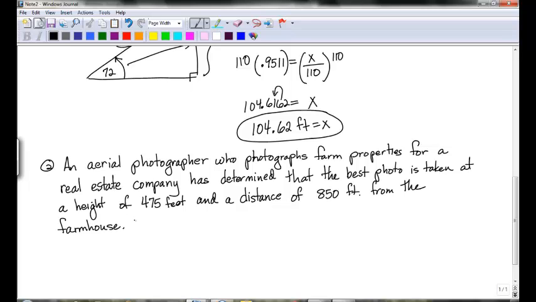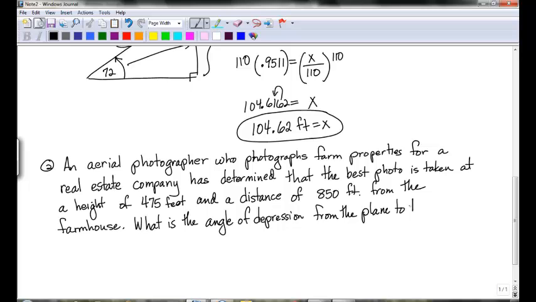What is the angle of depression from the plane to the house?